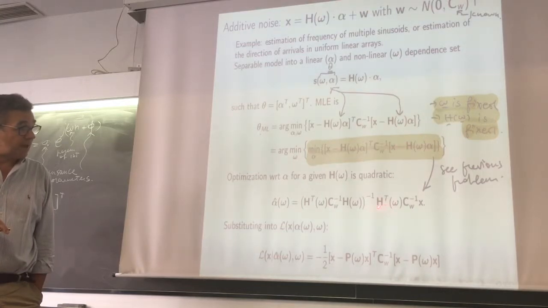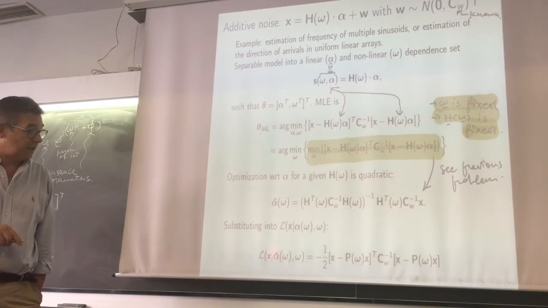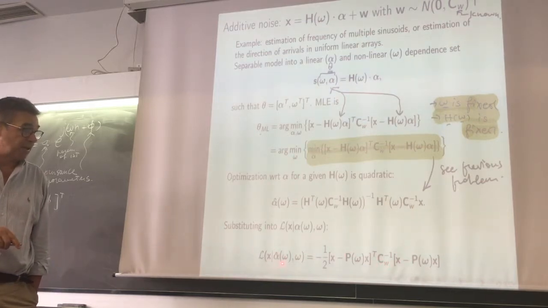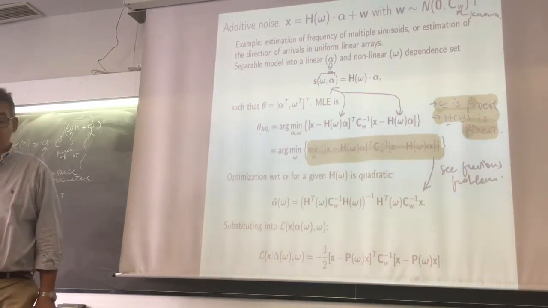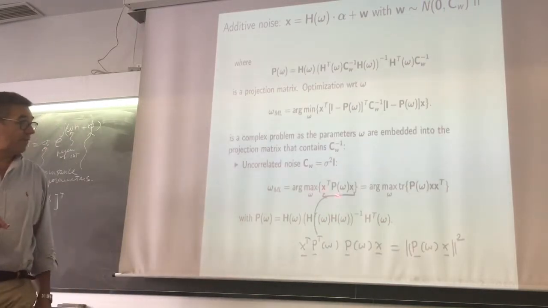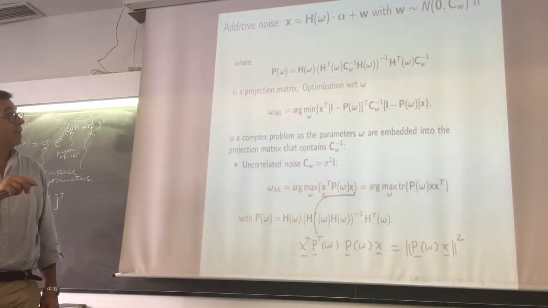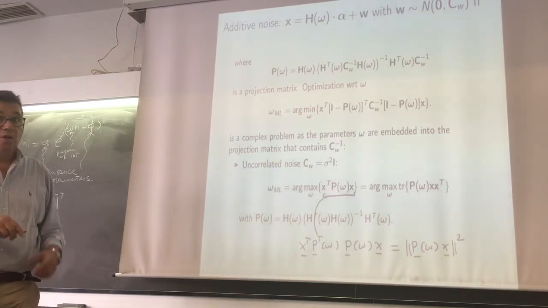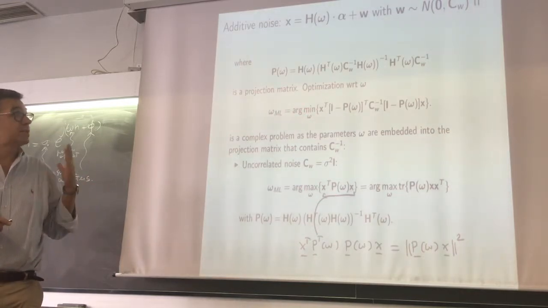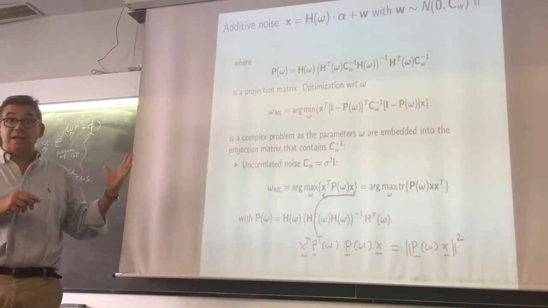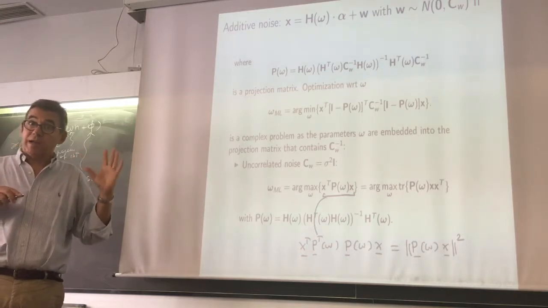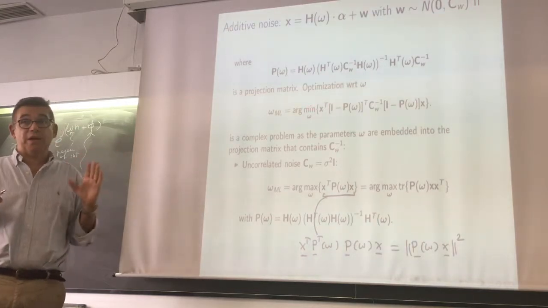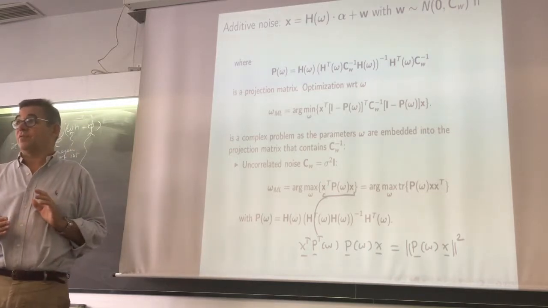Then I found the amplitude. I plug the amplitude there, then I come out to the function of the frequency. Here it is. This depends on frequency only. So what I did, I removed the dependency on amplitude and phase. And then I kept moving, and I found this, which is the way to estimate the frequency. So in this case, I managed to remove the dependency on amplitude and phase, which is apparent, but that means that amplitude and phase are nuisance. I estimate amplitude and phase.